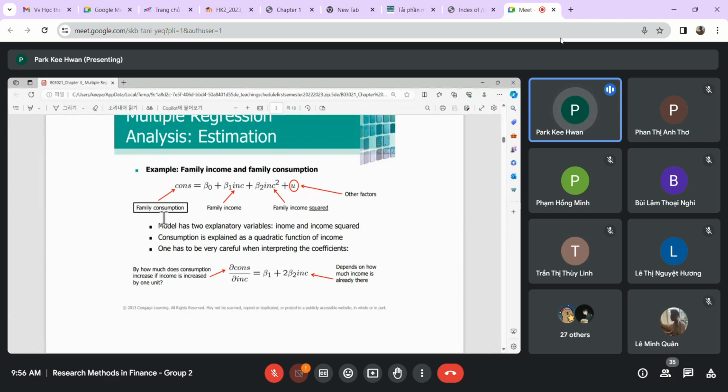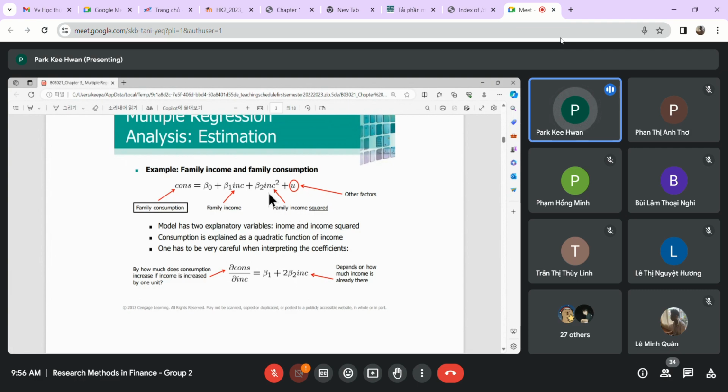So by allowing for this more flexible functional form, in this case the quadratic function, we can capture the difference in marginal propensity to consume between the lower income family and the higher income family, okay? Because you see that this marginal propensity to consume, which is the partial derivative of consumption with respect to income, depends on income.